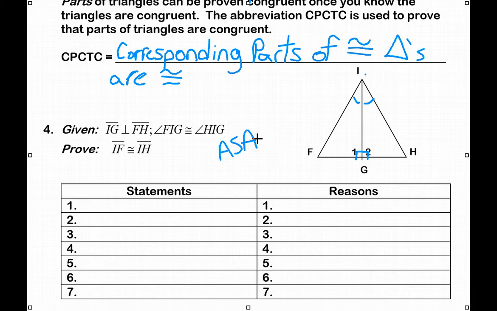Let's go ahead and start with one of our givens. It really doesn't matter which one. I'm actually going to pick the second one. We got to do angle, side, angle. That's going to take care of one of our angles right off the bat. So we're going to say angle FIG is congruent to angle HIG, and that is because it is given.